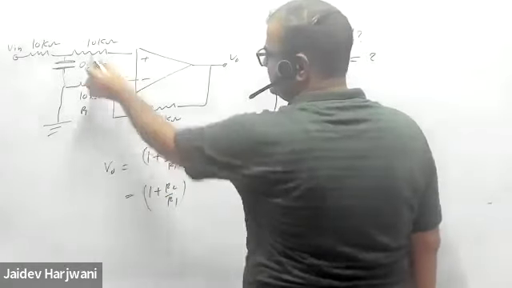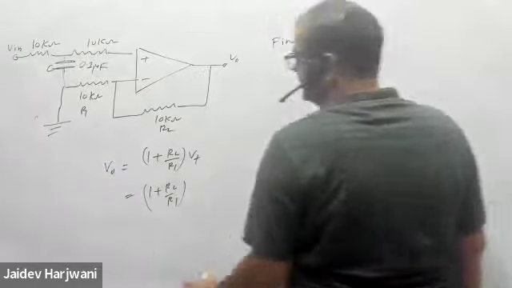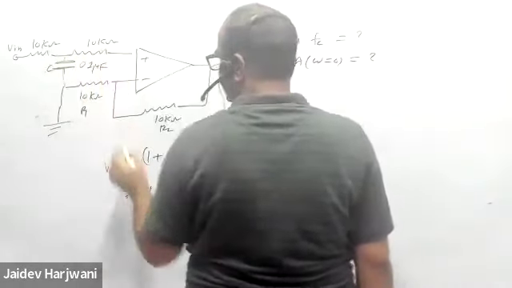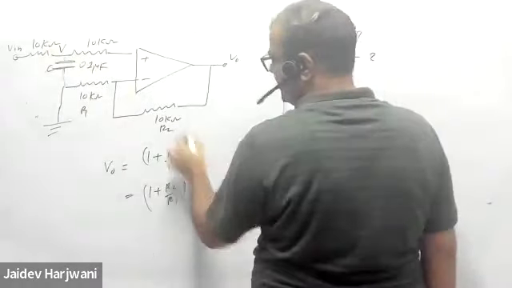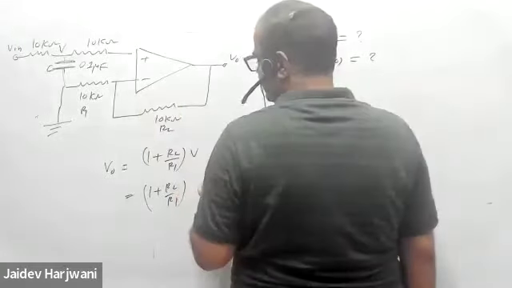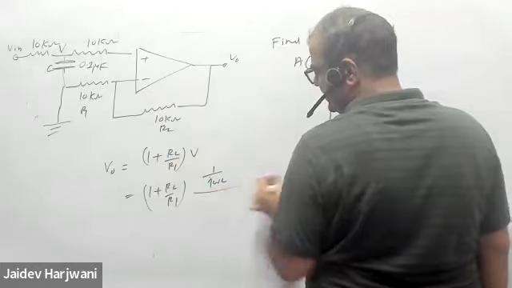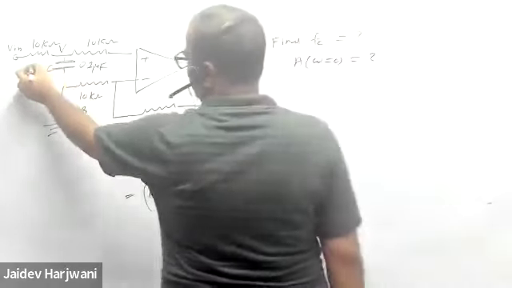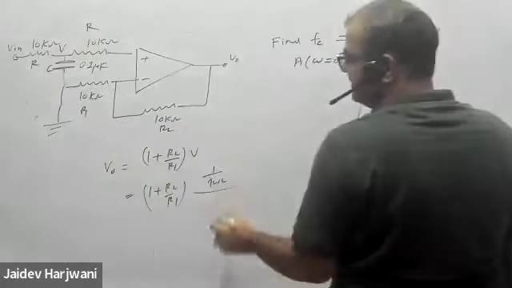What is the V plus here? Say this is C. So whatever is coming here will be your V plus. Here say this is V. So instead of writing V plus, you can write this V here. Okay, V, and V is 1 upon J omega C, and if you say this is R, this is also R. You can directly put the formula, but this is one time I'm doing more.